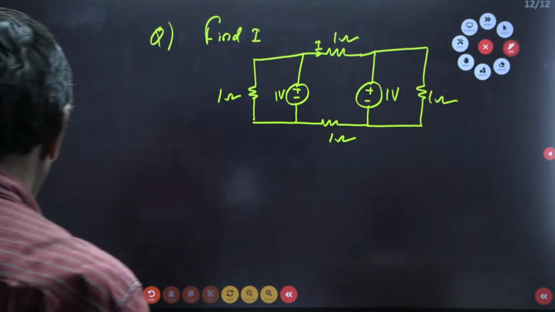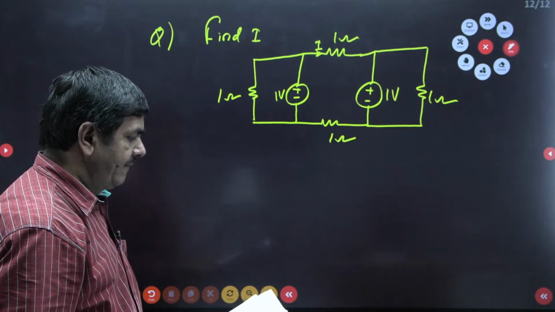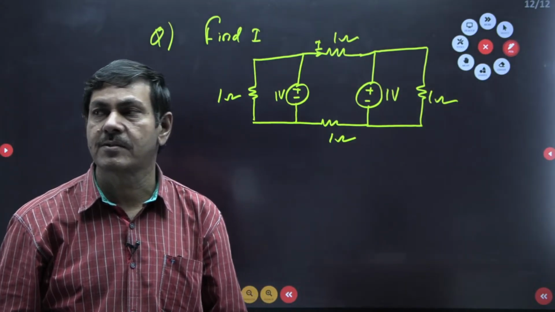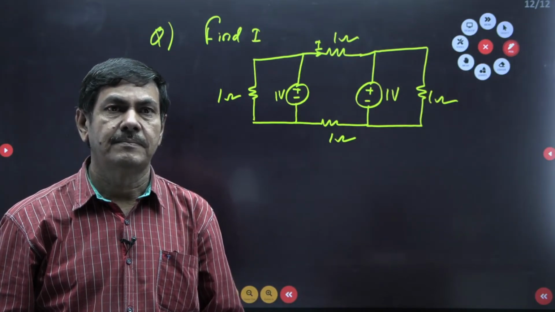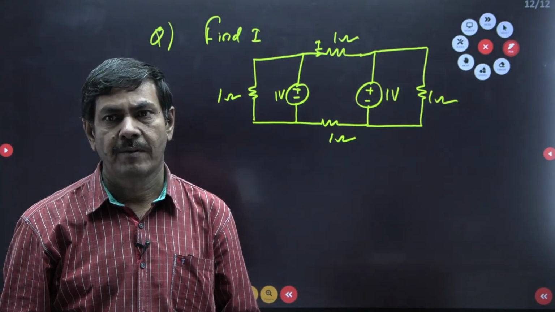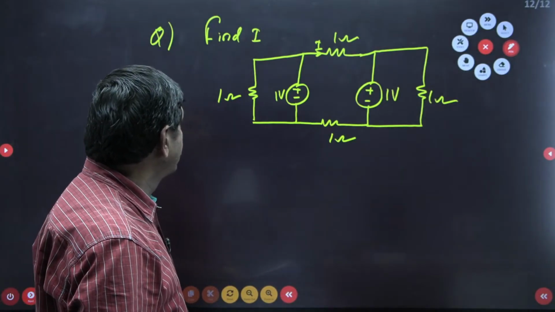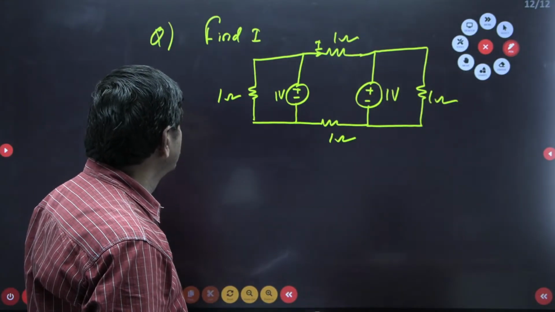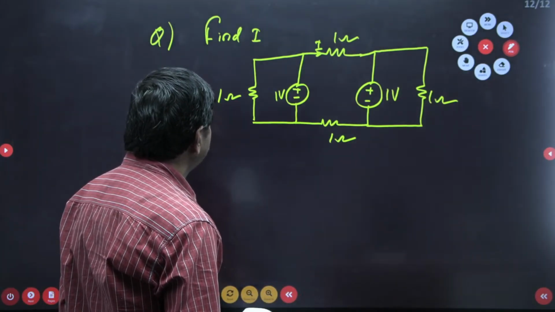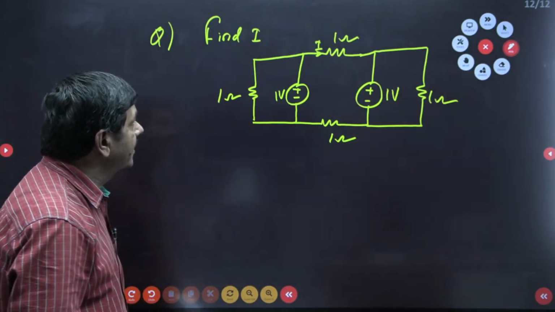The 1 ohm and 1 volt, and 1 ohm and 1 ohm, 1 volt and 1 ohm are connected. What current is passing this side?